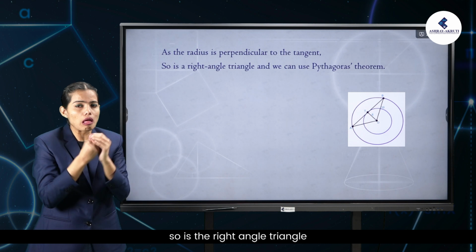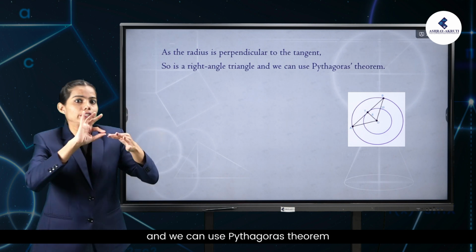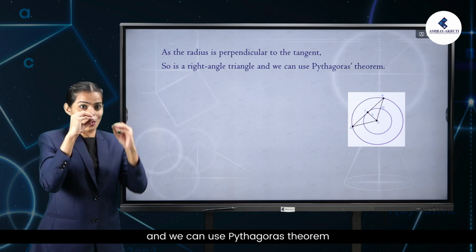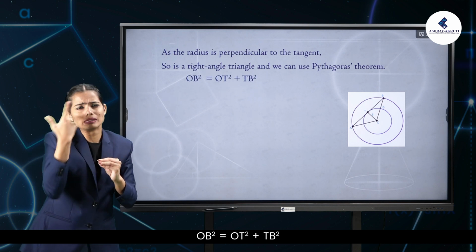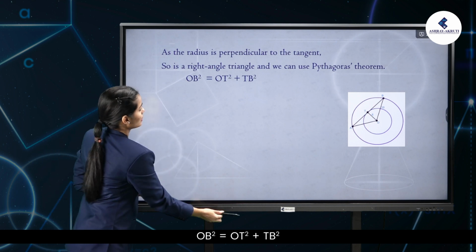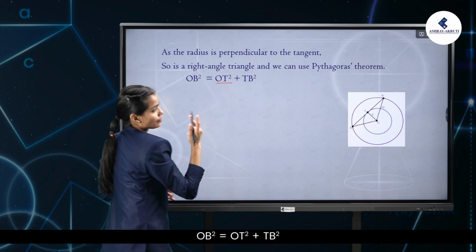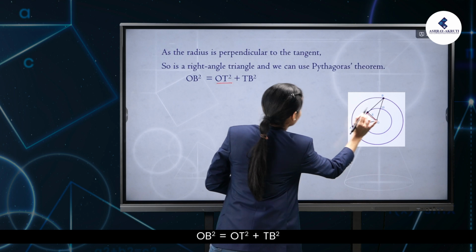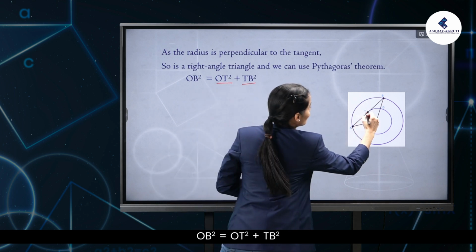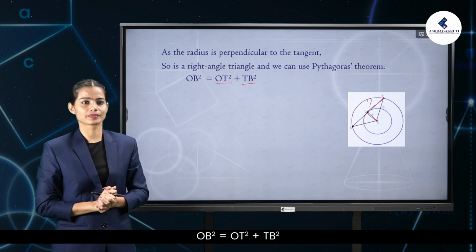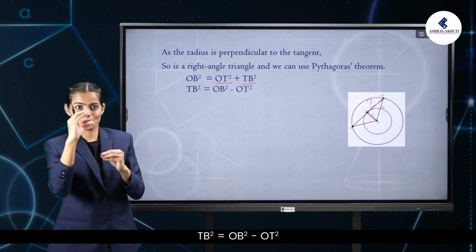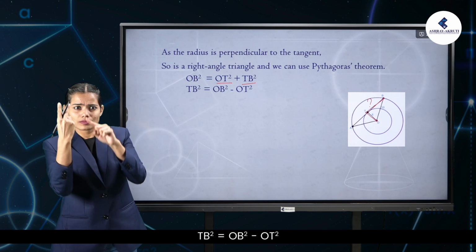So, triangle OTB is a right angle triangle and we can use Pythagoras theorem. OB square is equal to OT square plus TB square. TB square is equal to OB square minus OT square.